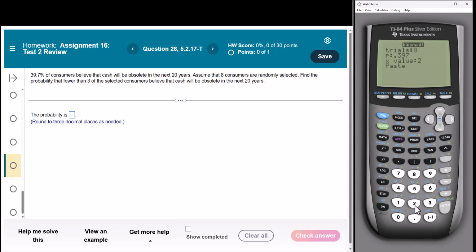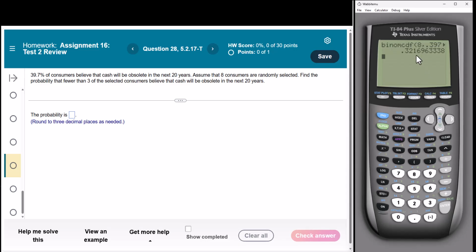So I already have 2 there, but let's pretend I didn't have anything there. So I'm going to press 2, and then I hit enter. Don't worry about paste. I'm going to click enter. And it gives it to me how it would be written down on a piece of paper. This part right here says BinomCDF 8, 0.397, 2.